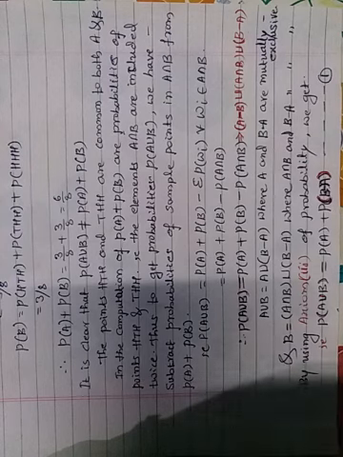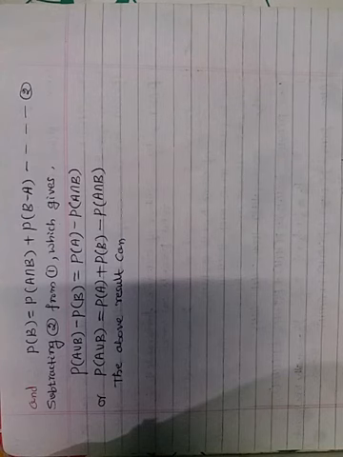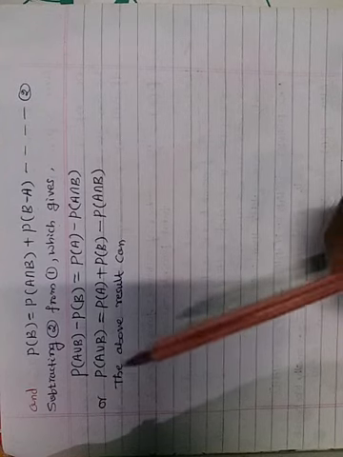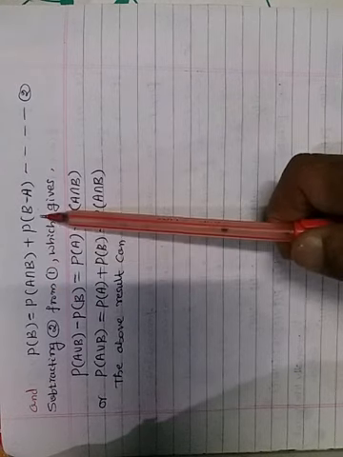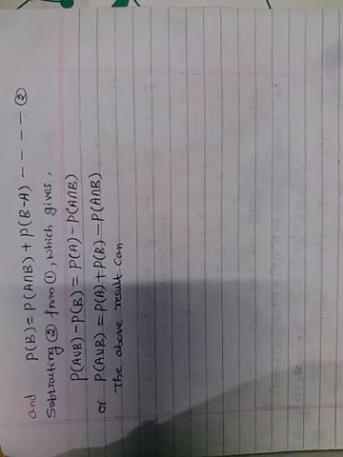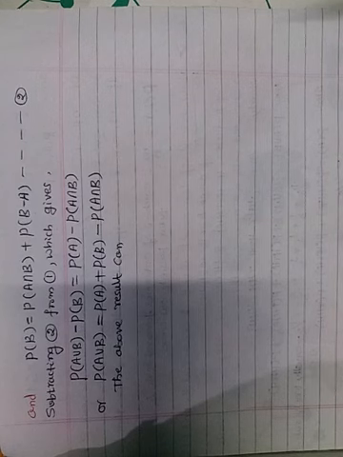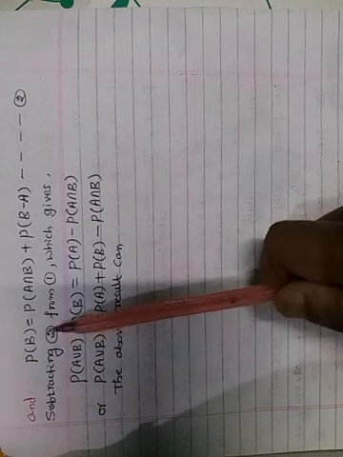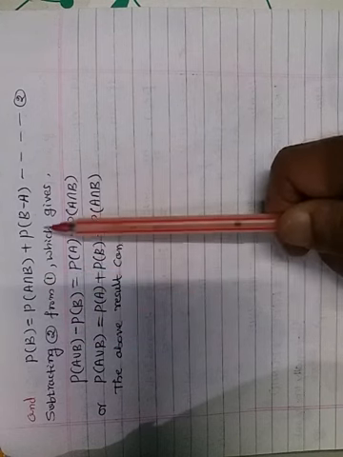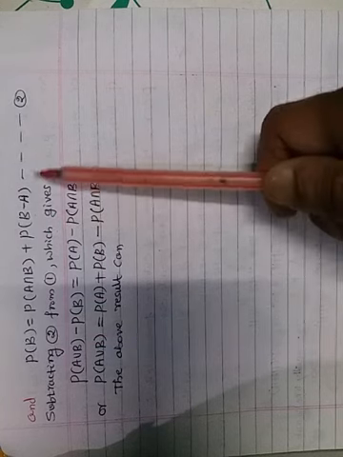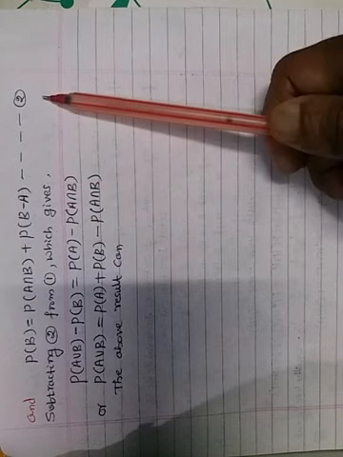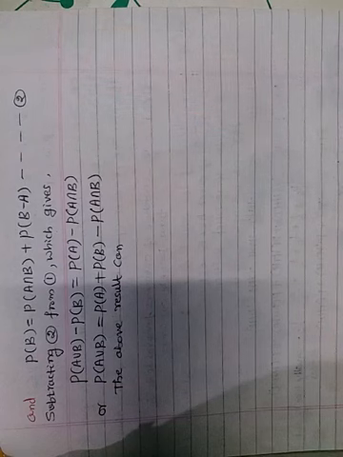Am I right here? Okay. Right? Then next, P of B equals P of A intersection B plus P of B minus A. Already we found here P of A union B equals P of A plus P of B minus A, and P of B equals P of A intersection B plus P of B minus A. Then by subtracting, consider this as the second equation, which earlier was the first equation.